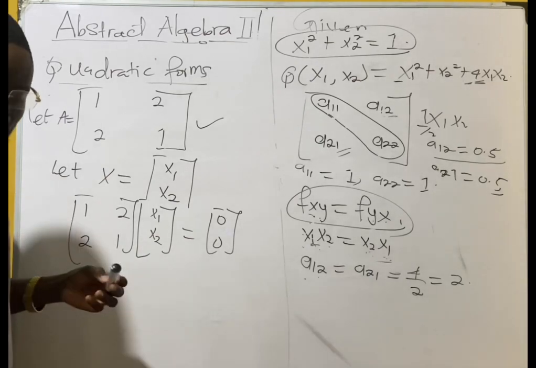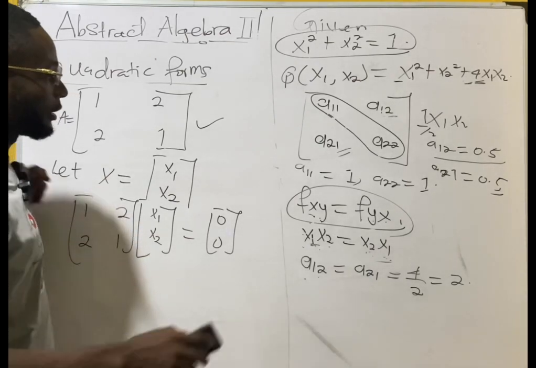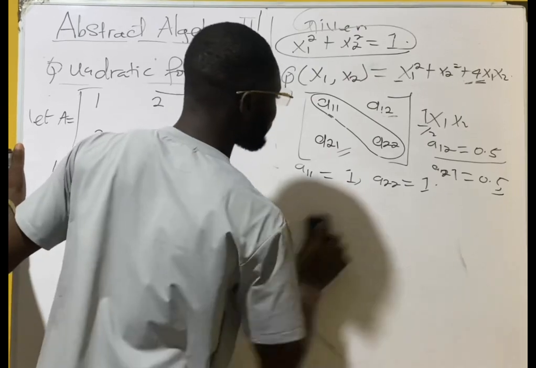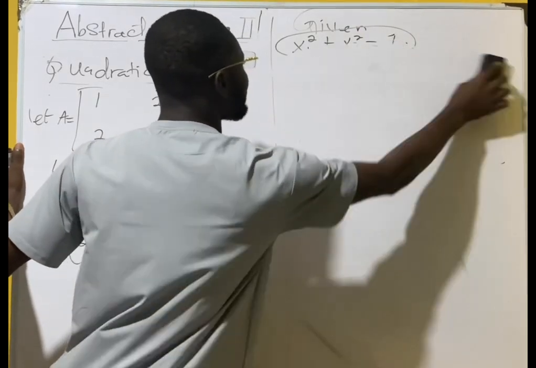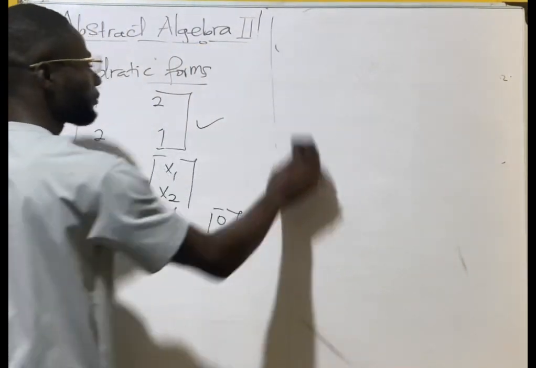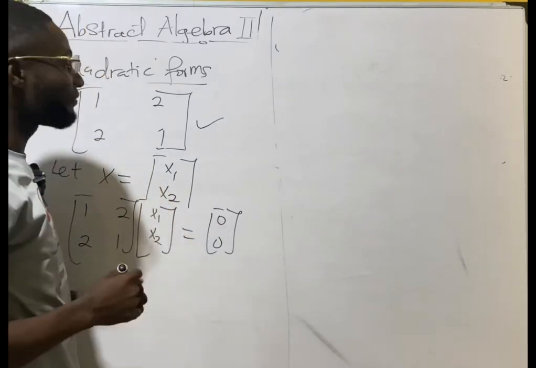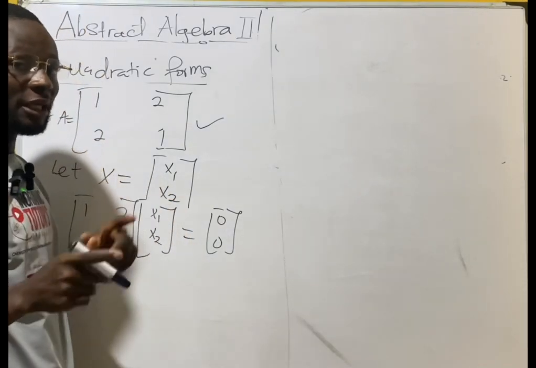We are not yet here with this, but I just want to state it down. Okay, so we have to find the eigenvalues to determine the minimum and the maximum point.